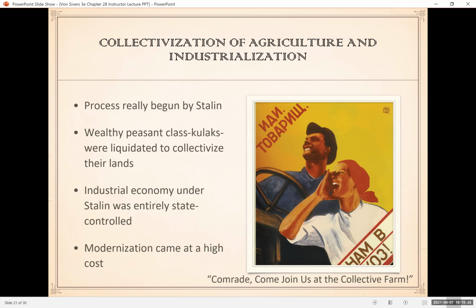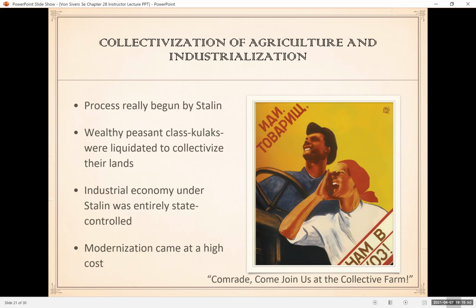Every nut, every bolt, every scrap of food, where people lived, everything was under his control. And they modernized by the start of World War II, which was a scant 18 years after, no, less than that, after Stalin comes into power.